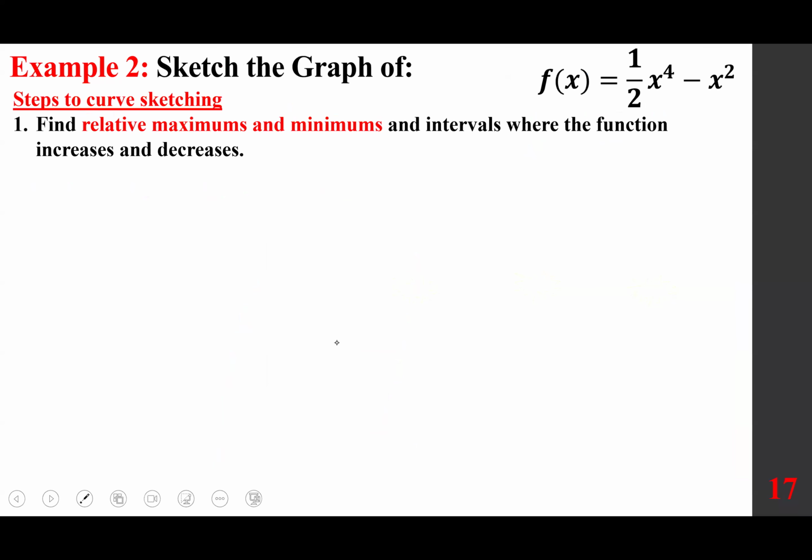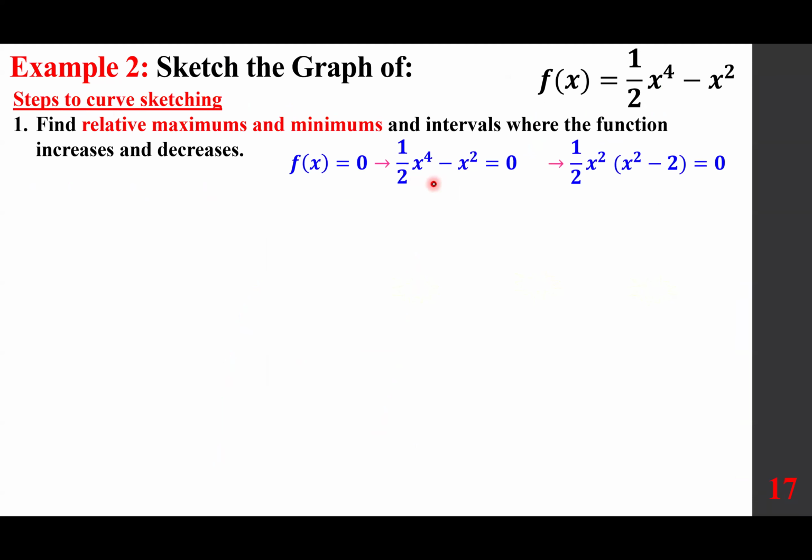We're going to graph this function again using pre-calculus. And to do so, I am going to find all the zeros by setting this equal to 0. To find all the zeros, I'm going to factor either the x squared out or 1/2 x squared. Makes no difference.